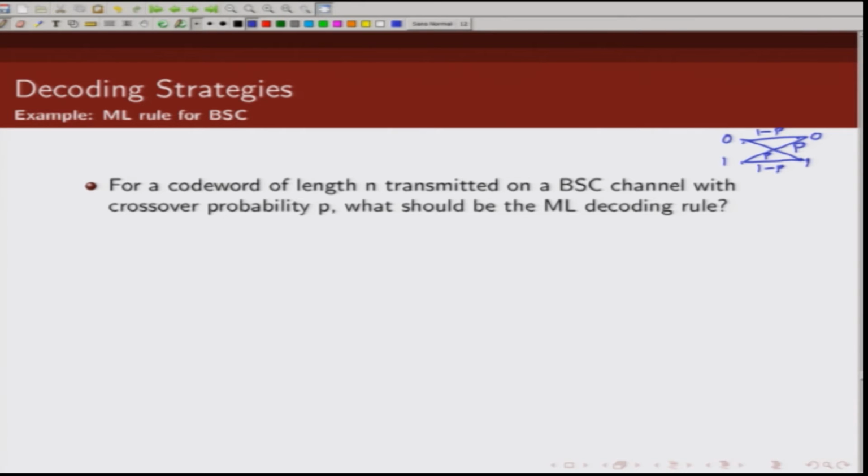So, if I have a code word of length n transmitted over a binary symmetric channel whose crossover probability is p, what should be my maximum likelihood decoding rule?